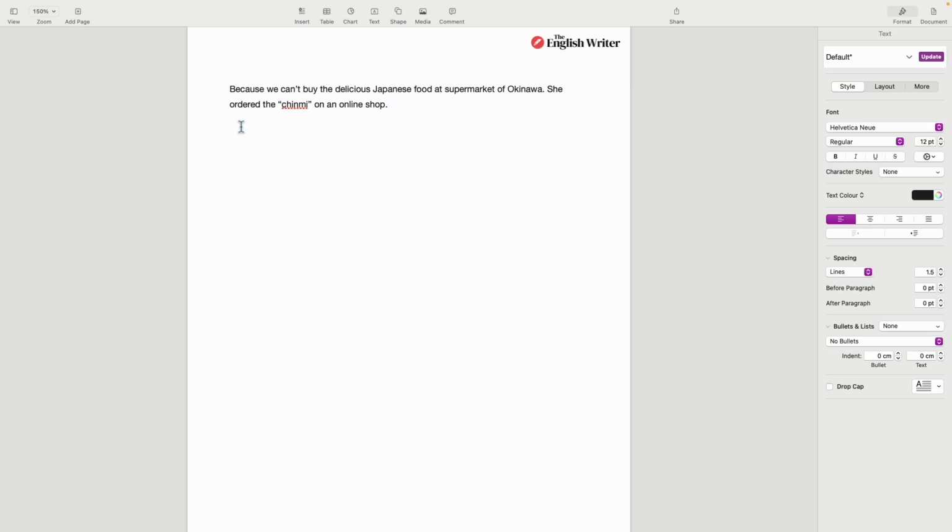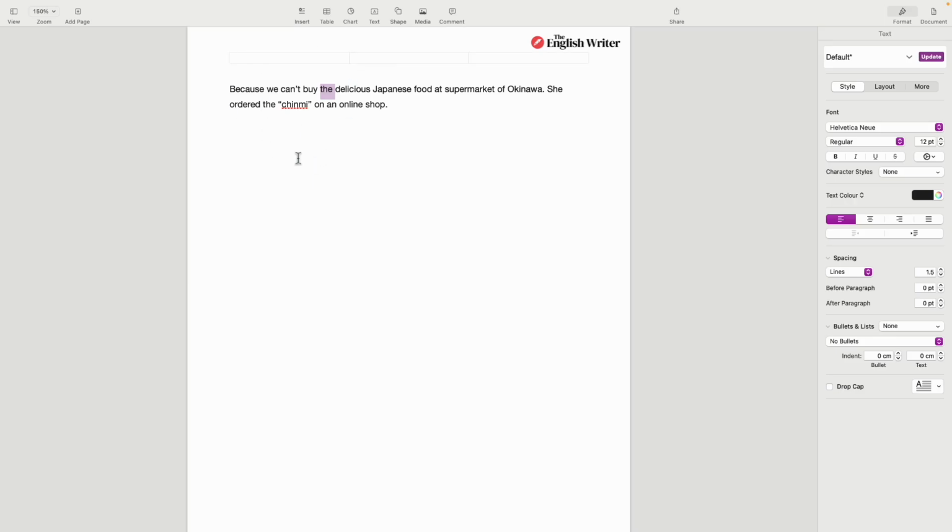Because we can't buy the delicious Japanese food at the supermarket of Okinawa, she ordered the chinmi on an online shop. Okay, there are a number of things to fix first. Because we can't buy the delicious Japanese food. Okay, that's a definite article, so it's very specific.